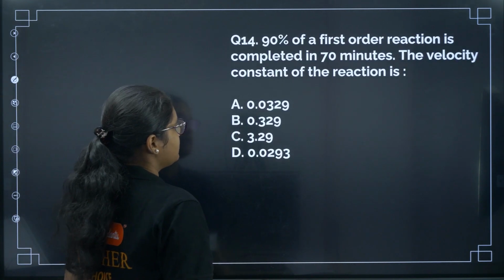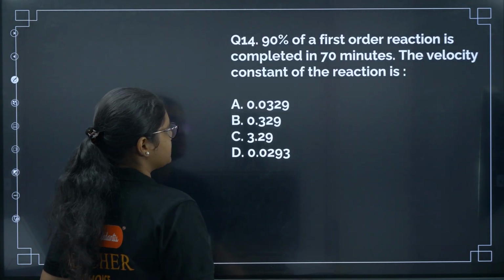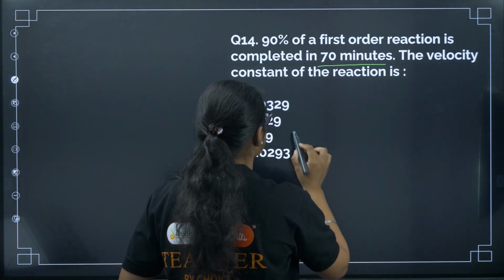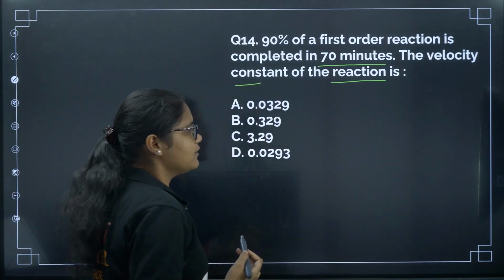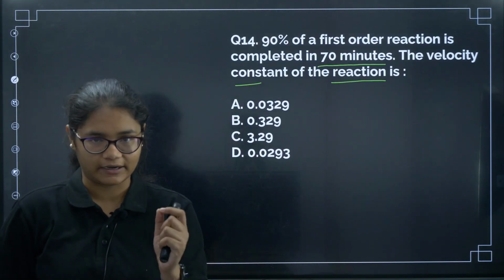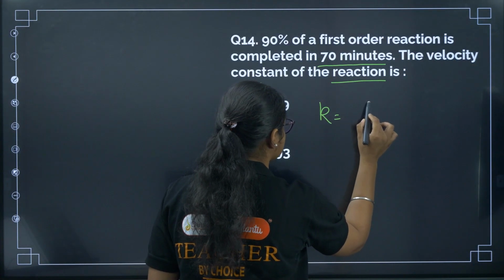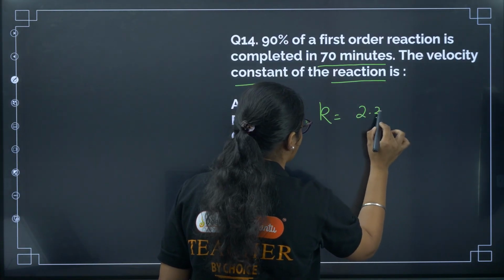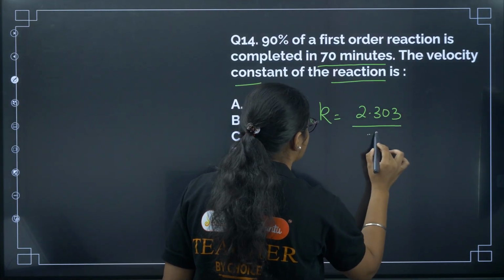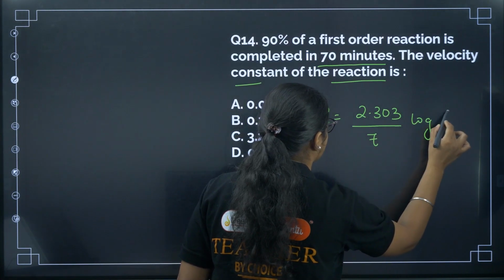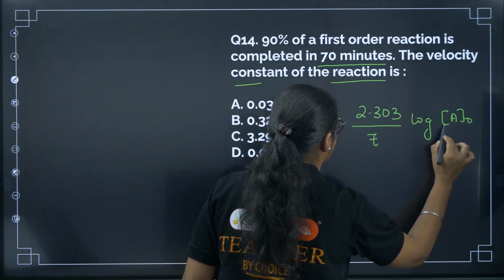Next one. 90% of a first order reaction is completed in 70 minutes. The velocity constant of the reaction is. Velocity constant is nothing but your rate constant. So for a first order reaction, we know the integrated rate law: k is equal to 2.303 by t log of a naught by a.